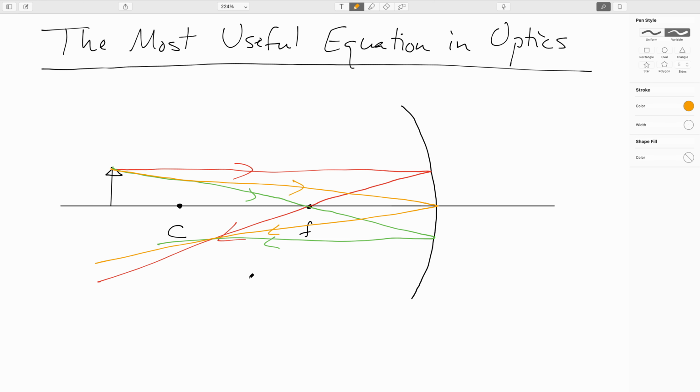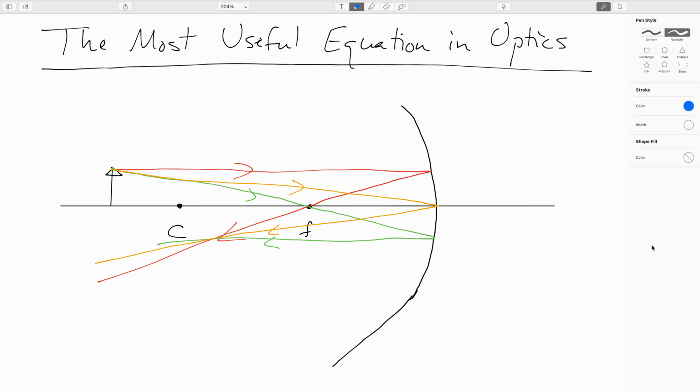We're not going to be interesting ourselves so much in the central ray here, or the paraxial ray for that matter, but it is worth pointing out that there is one more ray that is useful. I tend not to make a big deal of it because it's only useful for mirrors, whereas the 3 that we've done so far are useful for lenses as well when we get to them.